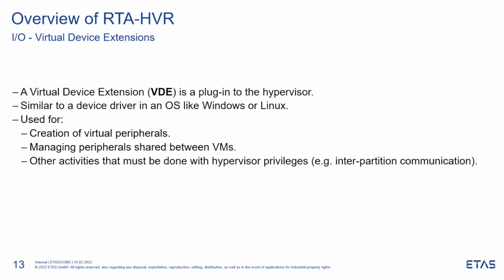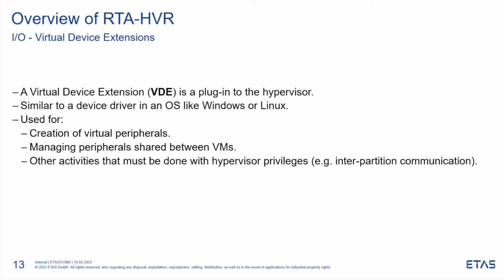So the last two cases we talked about there, the shared device and the virtual device, require the use of this virtual device extension. Just to put some meat on those bones, the VDE is a plug-in to the hypervisor, so it works in a very similar way to a device driver in a larger operating system like Windows or Linux.